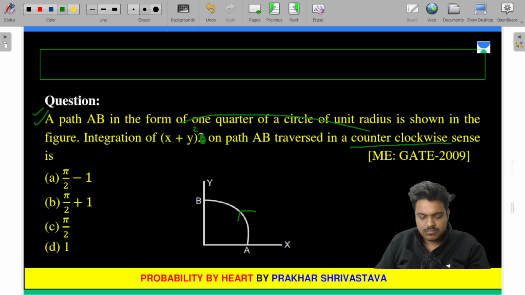Find the area. This is the question that we have done today. This is Mechanical 1995. That's it. A great question. Attempt it.